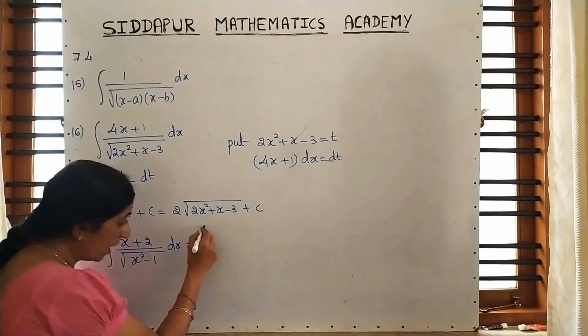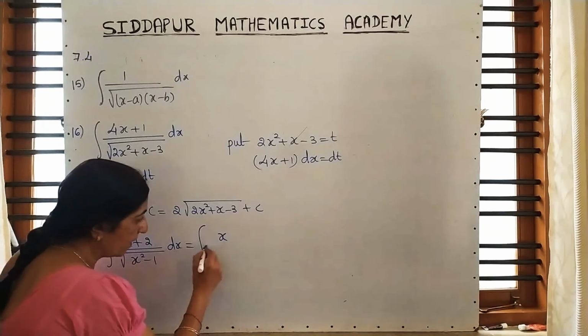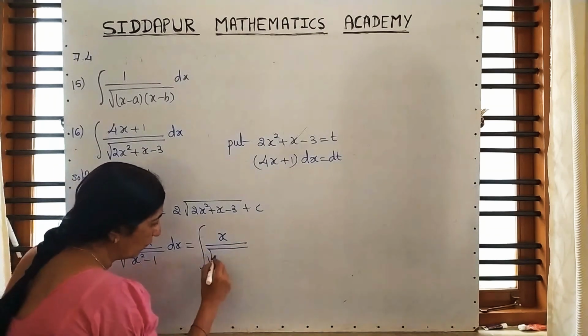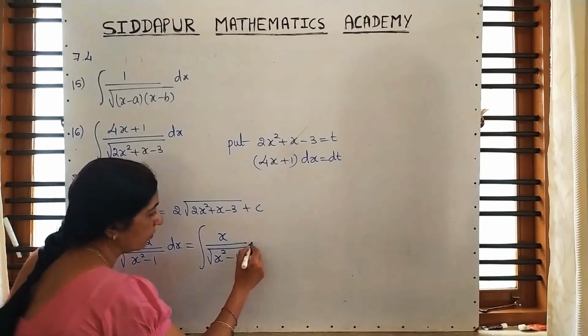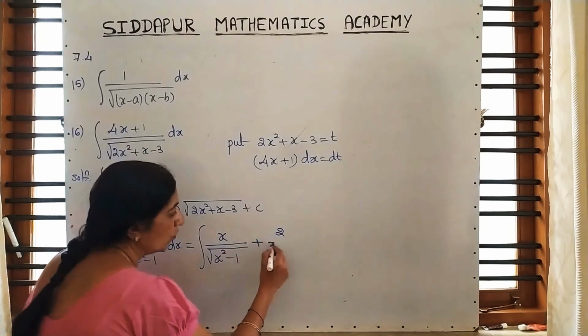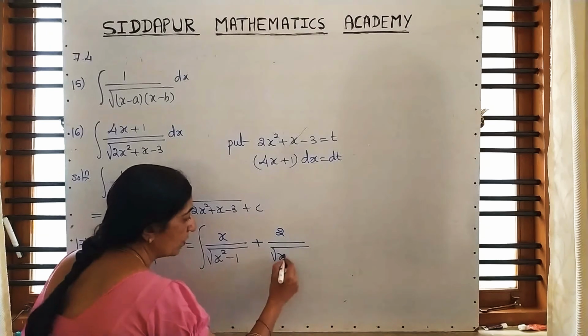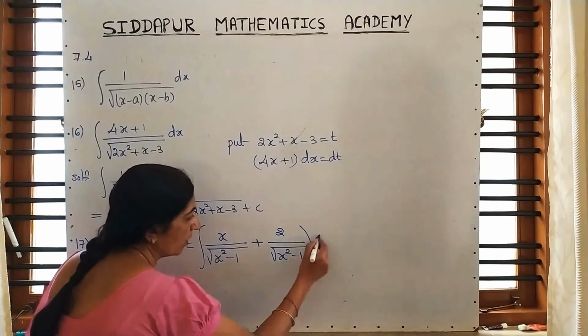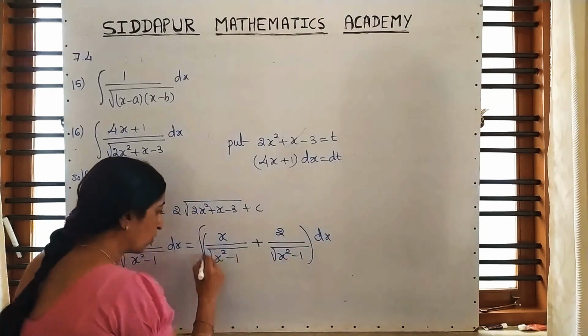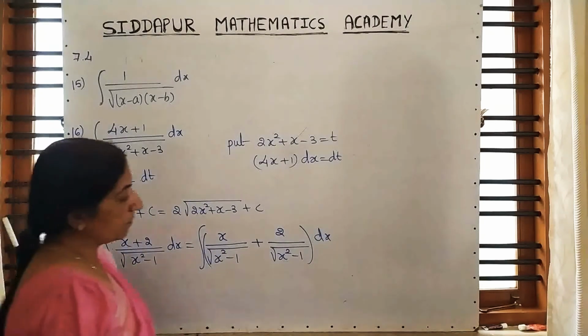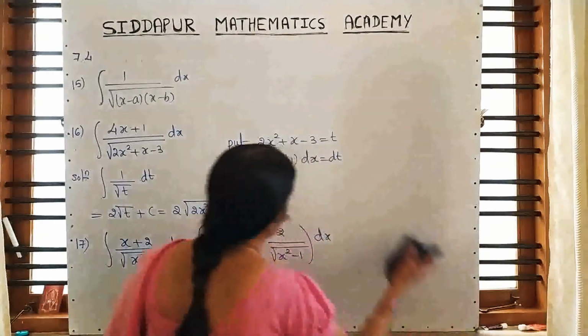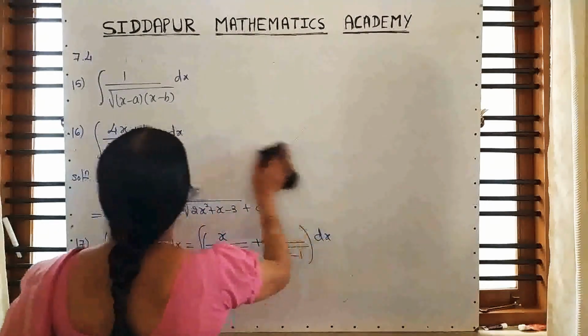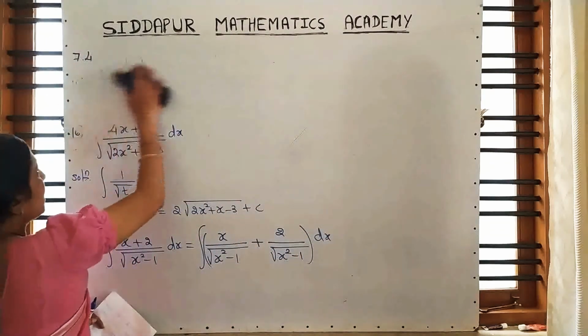So now we are writing this as x upon root of (x² − 1) plus 2 upon root of (x² − 1). First I took the denominator separately. In the next step I will take the integration separately. Please note down, these sums are interesting and important also.